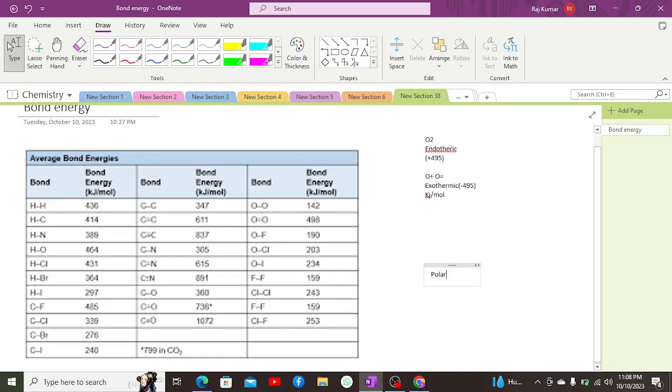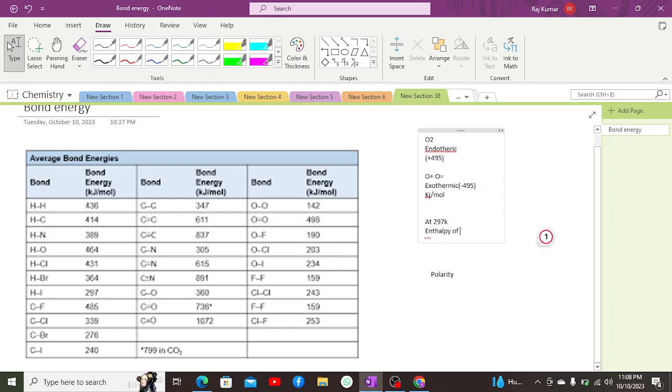First includes the polarity. Polarity is a factor which causes an increase or decrease in the bond energy. Bond energy is also known as enthalpy energy, because enthalpy is a measure of heat at 297 Kelvin, and that is also known as enthalpy of atomization.